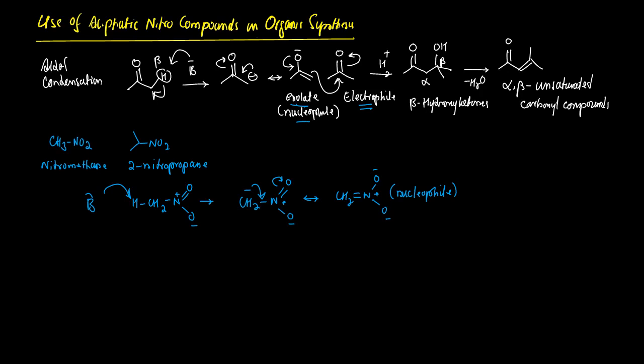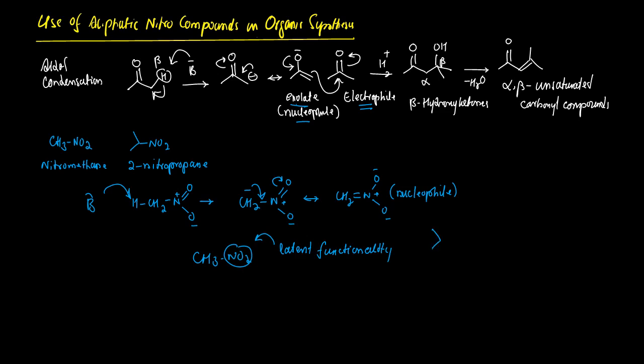Nitro compounds are very important in organic synthesis because the nitro group offers an interesting functionality. The nitro group offers an interesting example of latent functionality. By latent functionality, we mean that this functional group can be transformed into other functional groups.